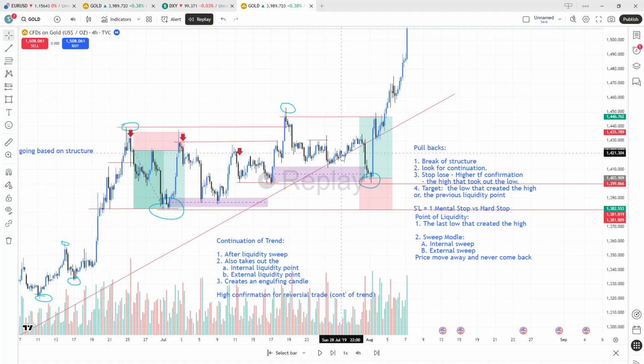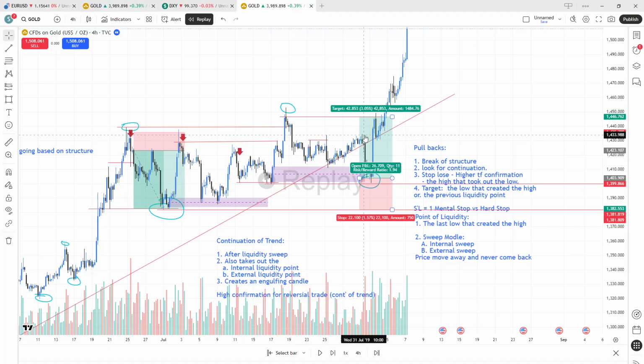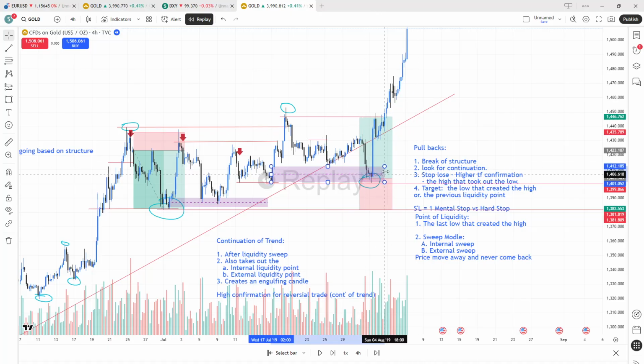You see this? It's like going against the current, swimming upstream, and then finally it gets exhausted and pumps down for that continuation and reversal. Why?